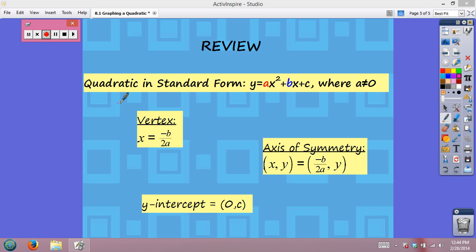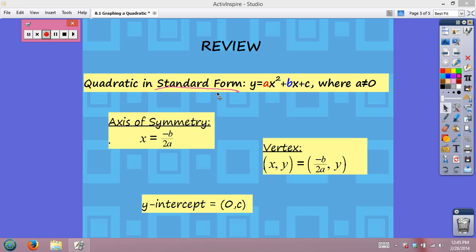As a quick review, we just want to remember that we need our standard form to use this method, and a quadratic in standard form is y equals ax squared plus bx plus c, where our a value cannot equal 0. The vertex is at the point x, y, and remember our x value is found when we find the axis of symmetry at negative b over 2a.